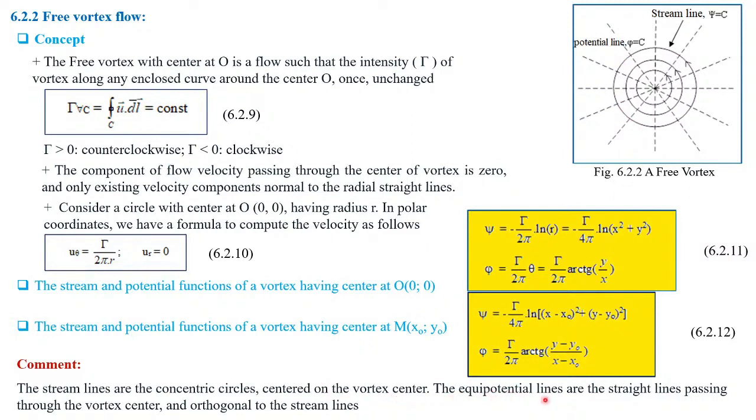The equipotential lines are the straight lines passing through the vortex center, in this case at O, and orthogonal to the streamlines. The straight lines passing through the point O are normal to the concentric circles centered at O.